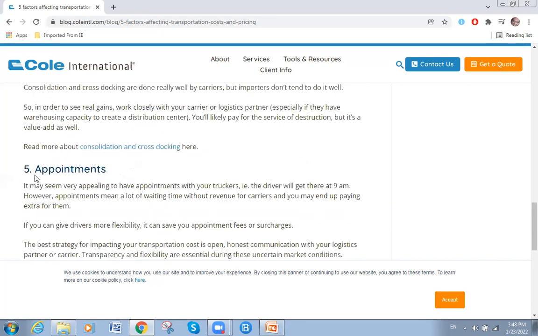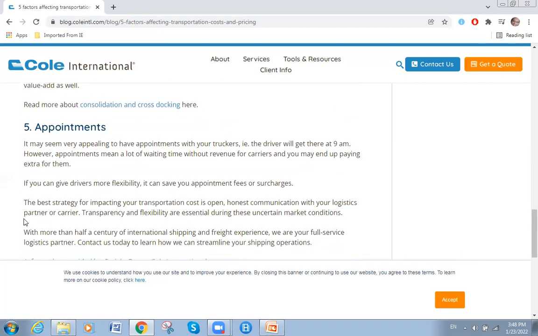Then the appointments also. It may seem very appealing to have appointments with your truckers: the driver will get there at 9 a.m. However, appointments mean a lot of waiting time without revenue for carriers, and you may end up paying extra for them.